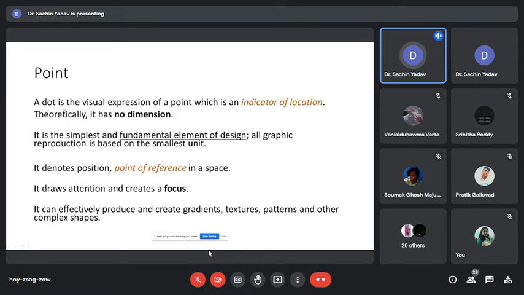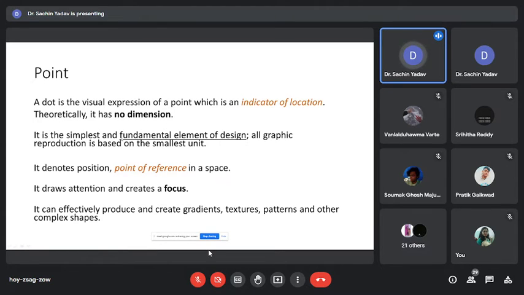Point, basically a dot, is the visual expression of a point, which is an indicator of a location, right? So on a white A4 paper, you just make a point on the A4 paper, and that defines the indication of the location, right? The point in the map, right? That defines the location. So it has no dimension.